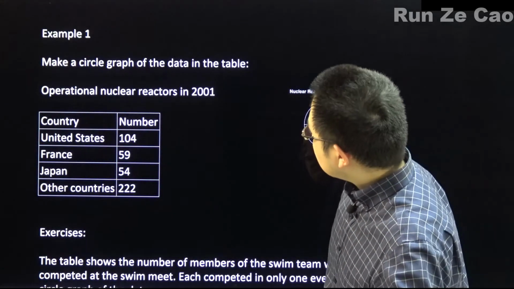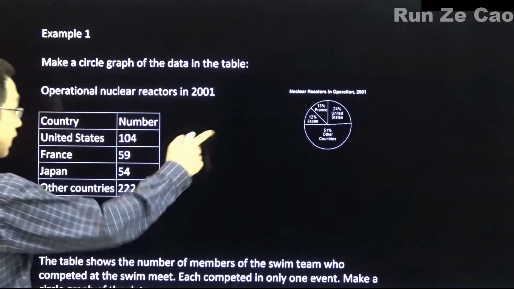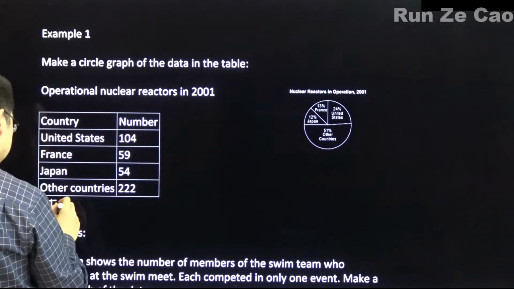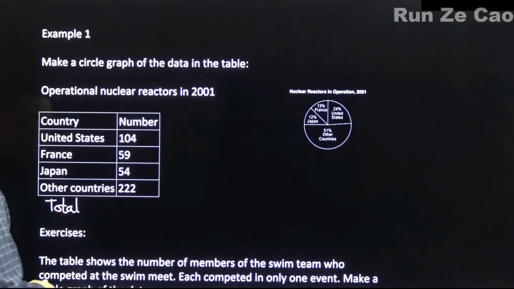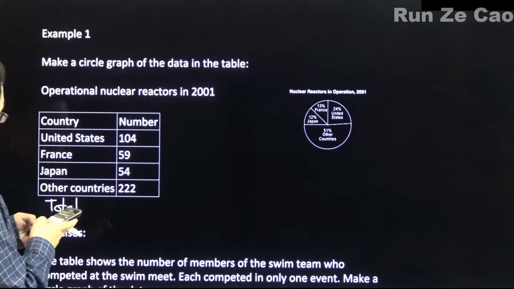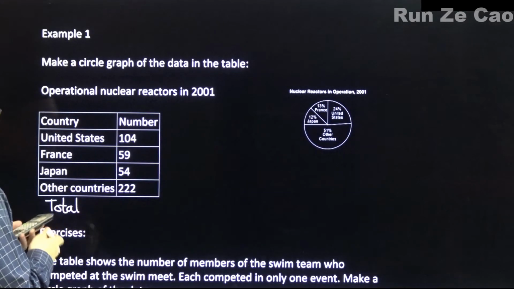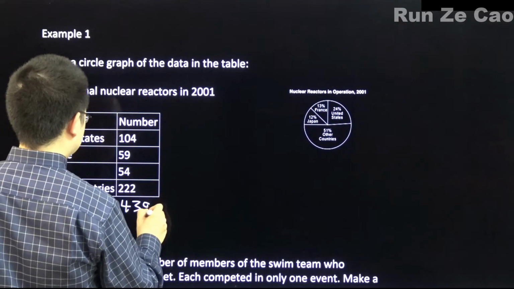Okay, what's the total here? Yes, I know the graph is already there, but I'll show you guys how you get there from this point. The total is 104 plus 59 plus 54 plus 222. So, 439.